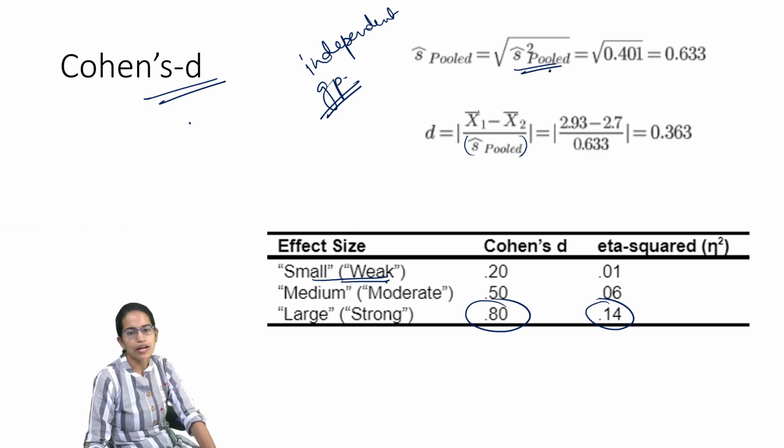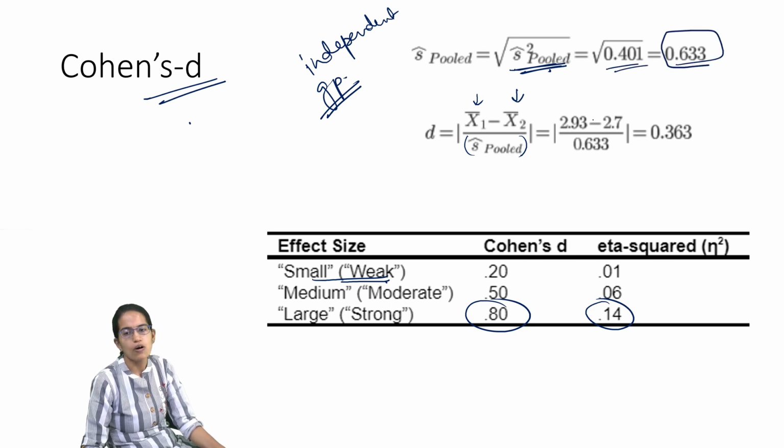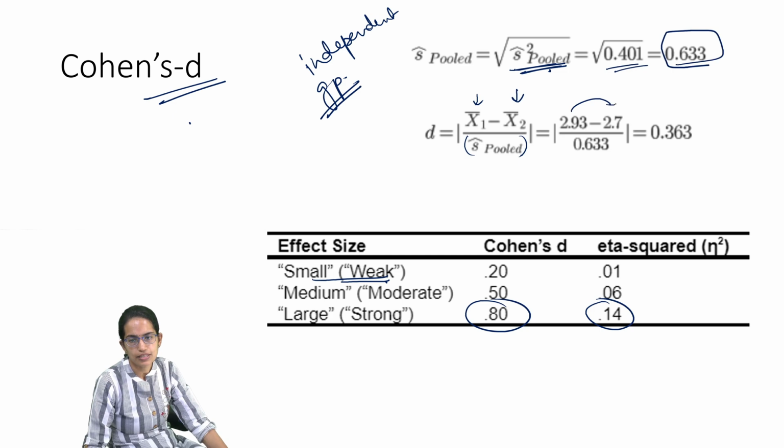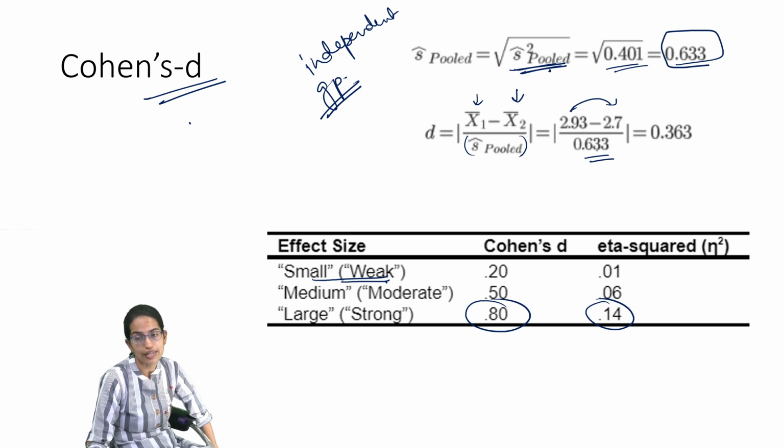So I find the mean difference between the two populations divided by the standard deviation of the pooled group. I have already calculated the pooled variance. I take the root of that pooled variance and I get the value. Now I do mean 1 minus mean 2 divided by the pooled standard deviation.